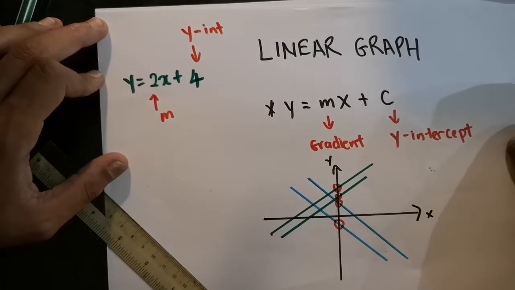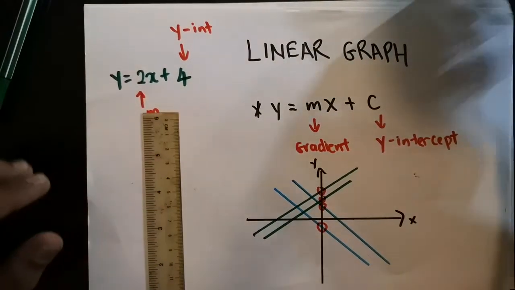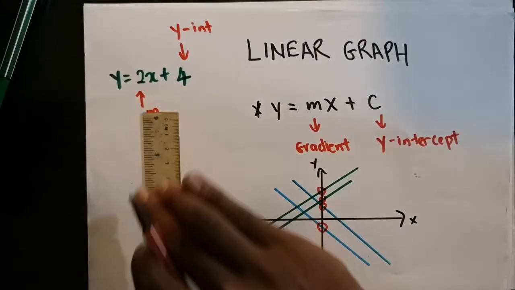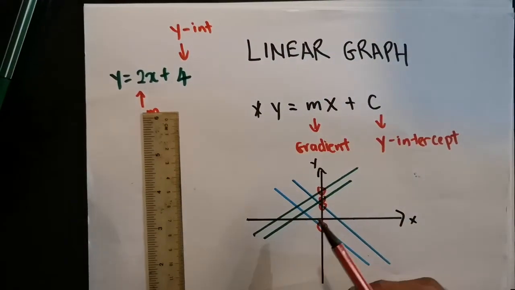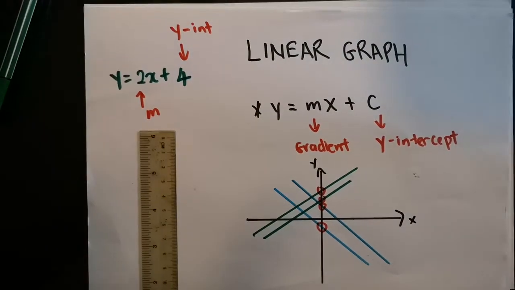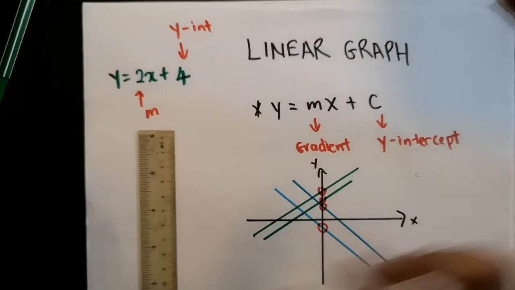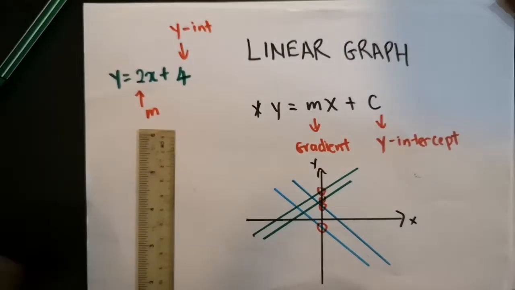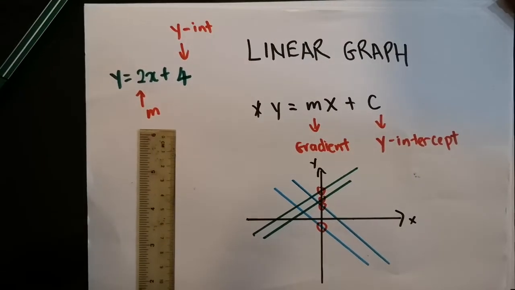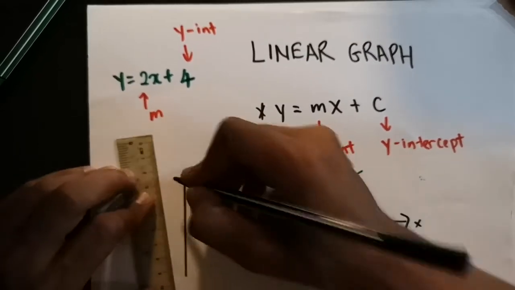So how do you sketch the graph? Exam will ask you to sketch the graph. When you sketch the graph, you must make sure that it is going upwards, like the green line here, and it must also cut at the point 4, which is the y-intercept. So I will draw the axis again, so that it looks neat and proper.